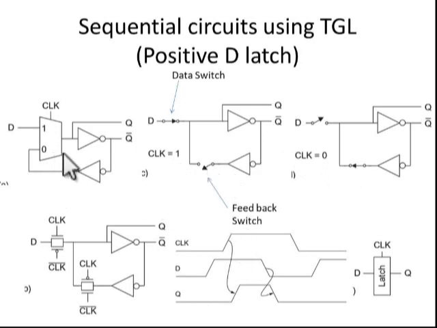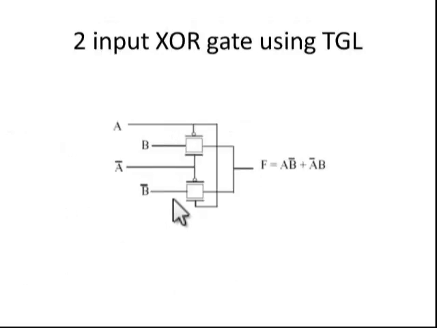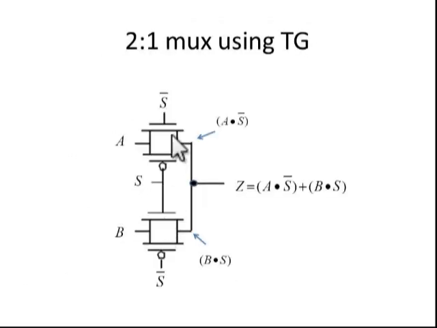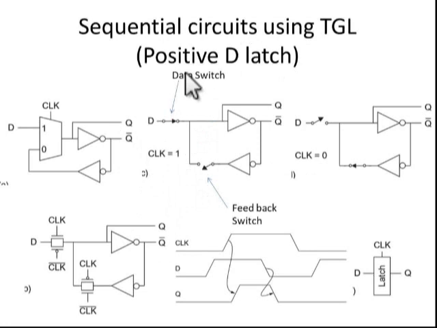Already we discussed that we can design a 2:1 mux using two transmission gates. Am I correct? Here we used only two transmission gates to design a 2:1 mux. The same type of circuit is used here. There are two switches, and each switch needs one TG cell. This is one TG cell and this is another TG cell.